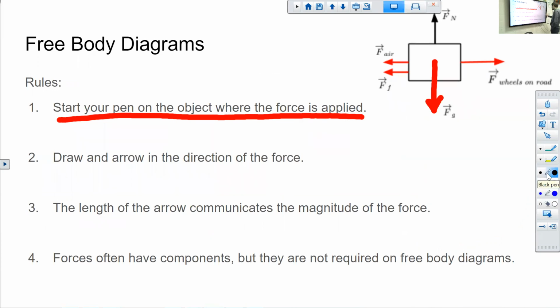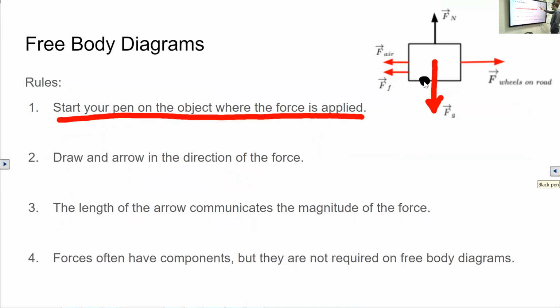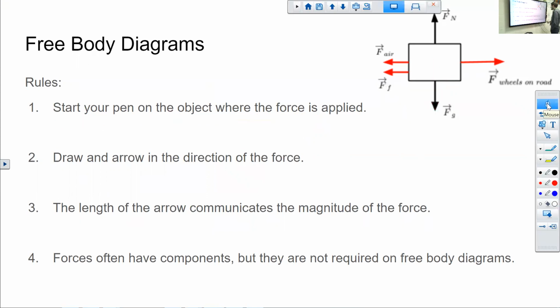Sometimes if there's force of friction with the surface, you want to start on the surface and draw that way. But that's the basic idea. Your force should start on the object and then move in the direction of the force. Never do anything like this. That doesn't really work.